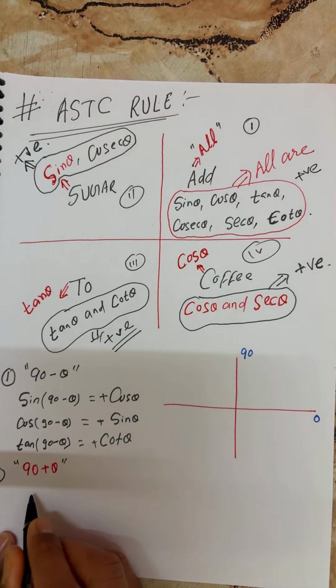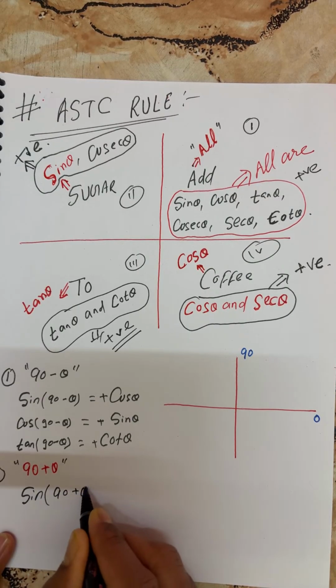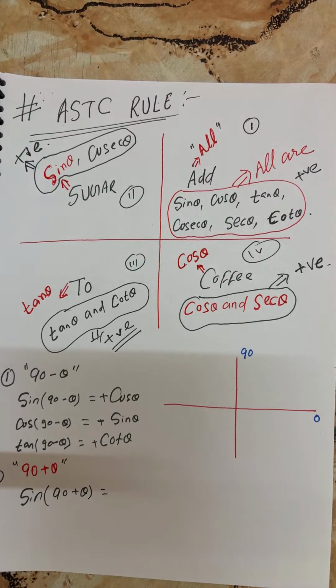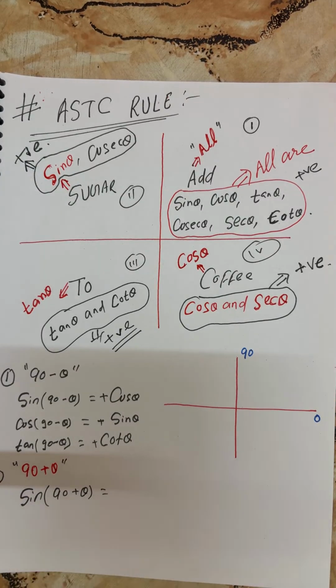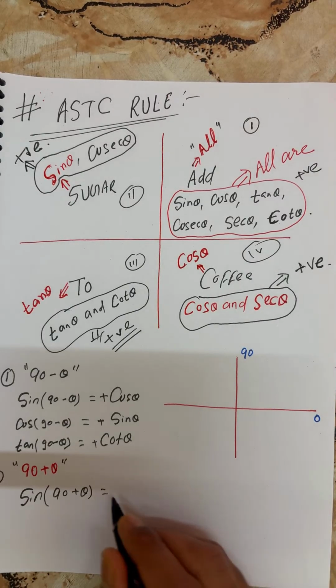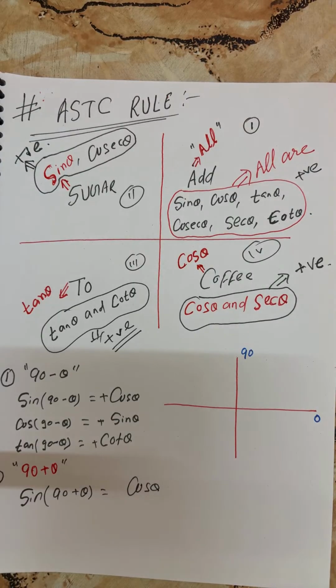So sine of 90 plus theta. We are pretty sure that for 90 plus or minus the function will change. So you can say cos theta. Now tell me, plus cos theta or minus cos theta?